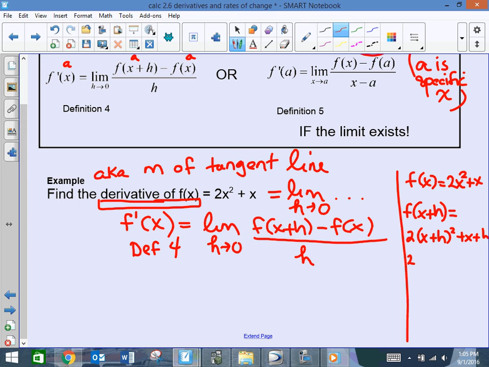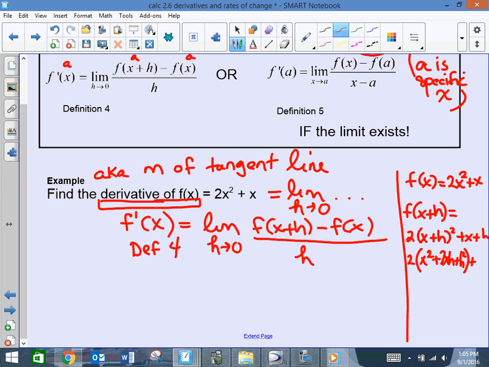I'm going to go ahead and multiply this out. What's x plus h squared? x squared plus 2hx plus h squared.